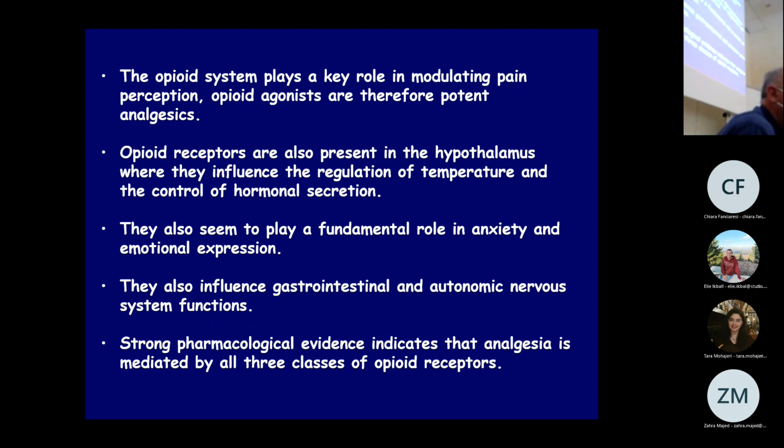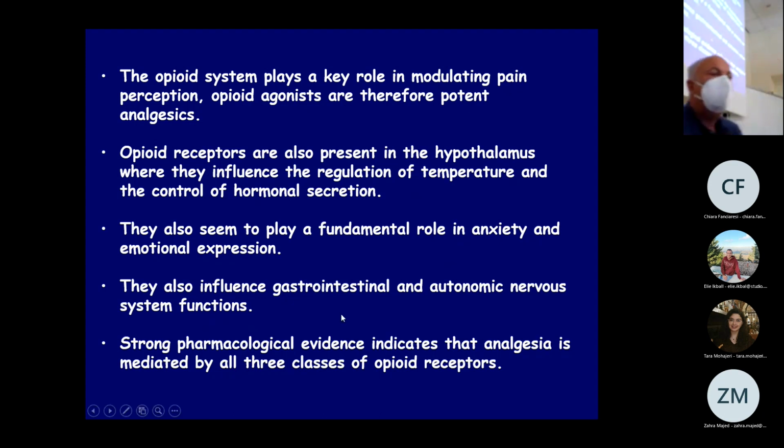We have said that in case of abstinence in a patient, we have an increase in temperature because these compounds interact with the regulation center of temperature, and also in the control of hormonal secretion. They also can influence the mood. They can have a fundamental role in anxiety, emotional expression.